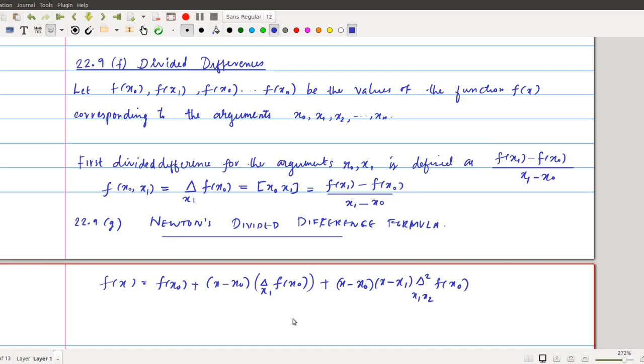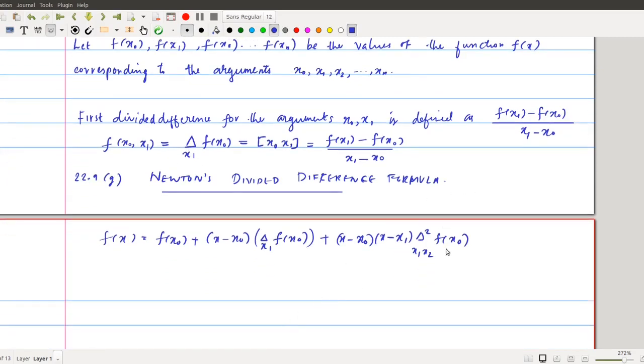So this is defined, we will write the definition of this later. So times this times this plus etc plus, finally since we have n arguments, the last term will be x minus x naught into x minus x1 into etc x minus xn minus 1 times delta n x1 etc xn f of x naught.